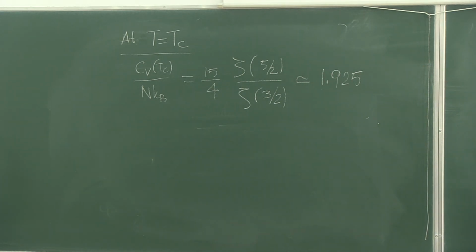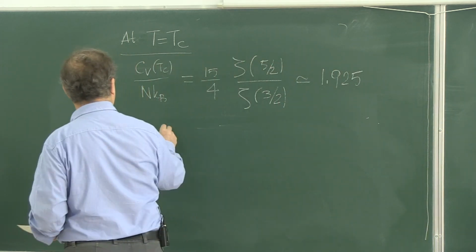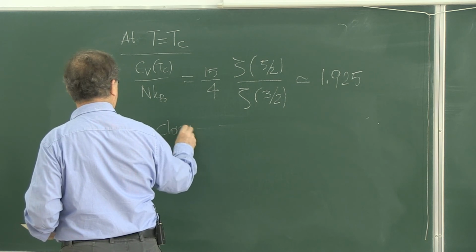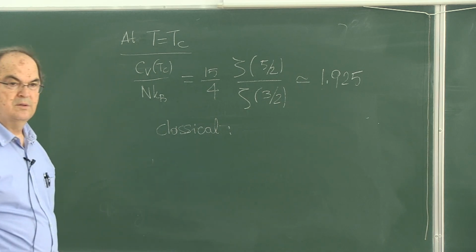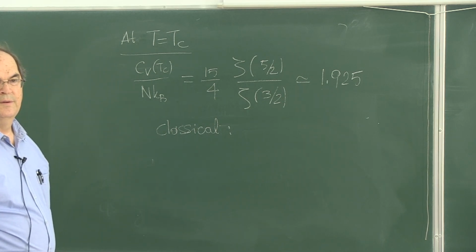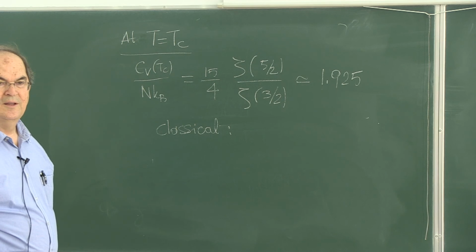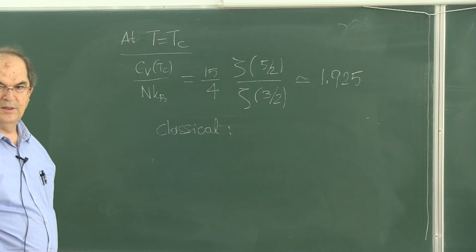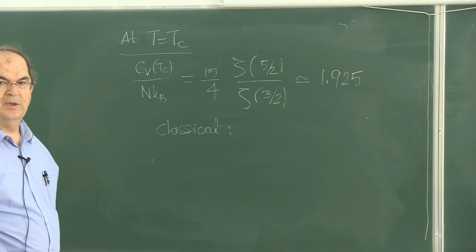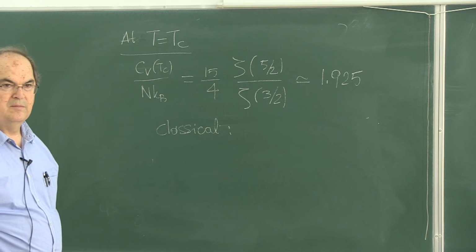What is the classical value for this thing? What is U? N times 3/2 kBT. Take the derivative with respect to temperature, you have 3/2 NkB.